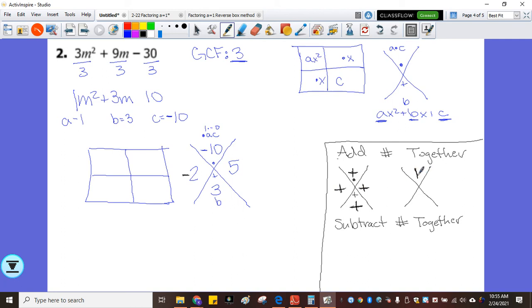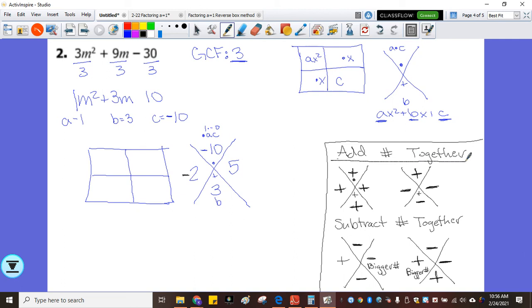If it multiplies to a positive but adds to a negative, both numbers have to be negative. If it multiplies to a negative and adds to a negative, you want the bigger number to be negative. If it multiplies to a negative and adds to a positive, you want the bigger number to be positive. That means the smallest one would be negative. So those are our 4 options.